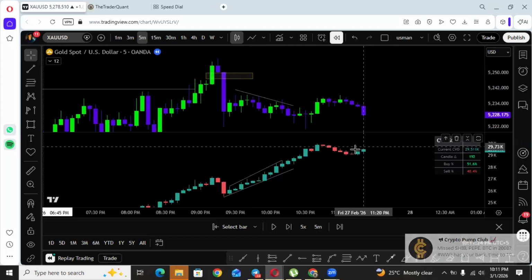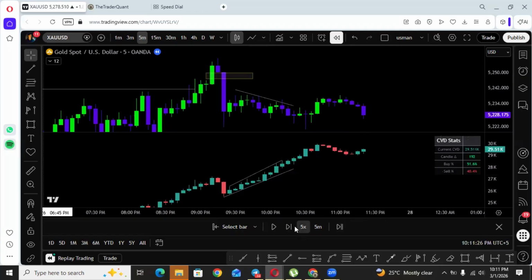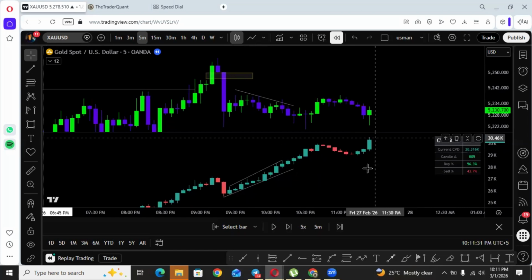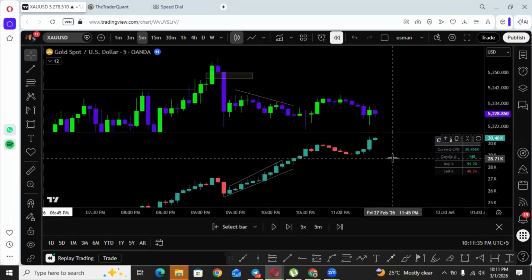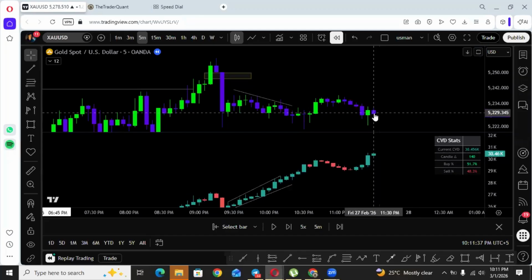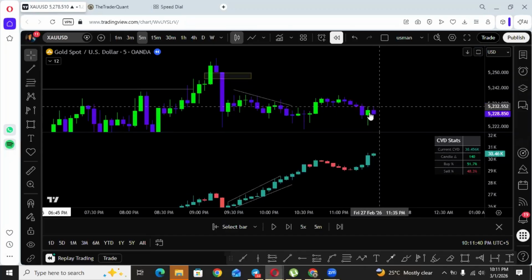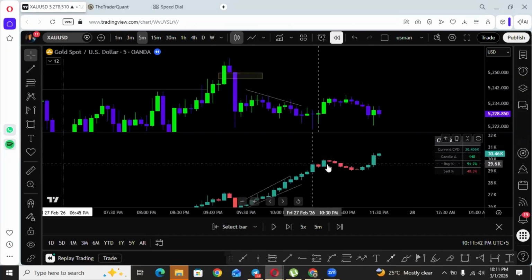So if they are buying, where will the price go? Look at the aggressive buying that happened. Look at what happened behind this candle. See, behind this sell candle, they are buying.